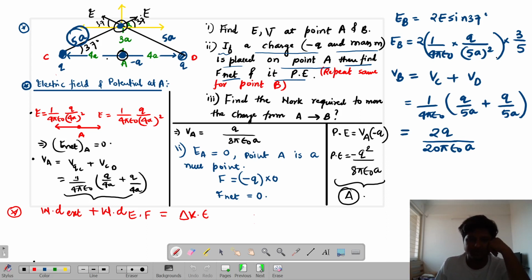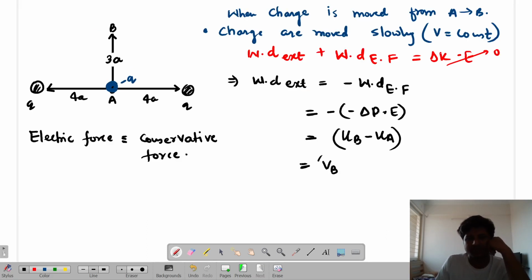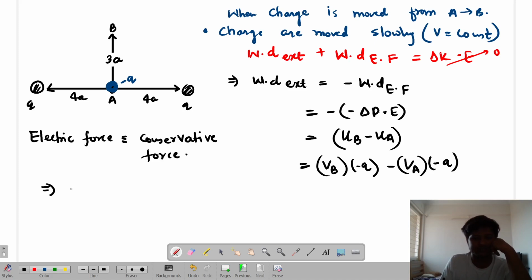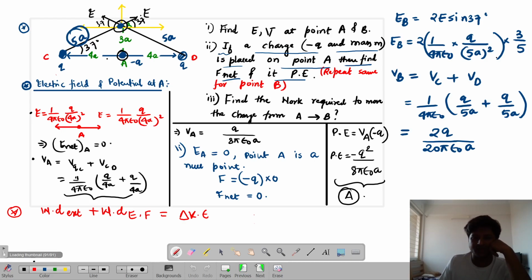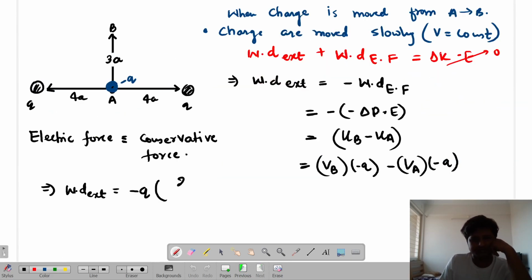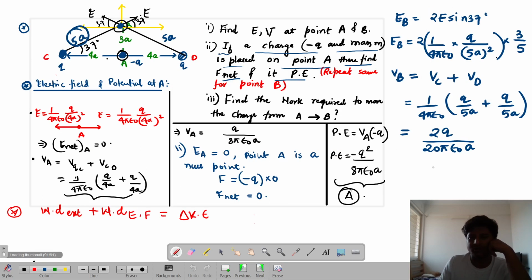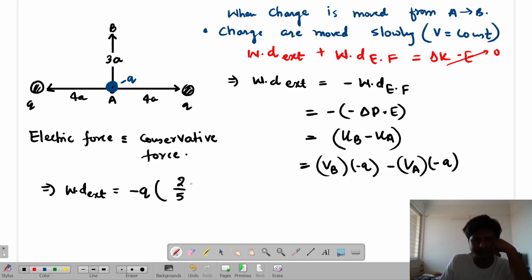So U at B will be V at B into my charge minus Q, and minus U at A means V at A into charge minus Q. So I can take the charge minus Q common, isn't it? And VB minus VA. VB is 2Q by 20 pi epsilon naught A. I'll just write in terms of KQ, void or not. So it is twice 2 by 5 KQ by A. Are you able to get me or not?